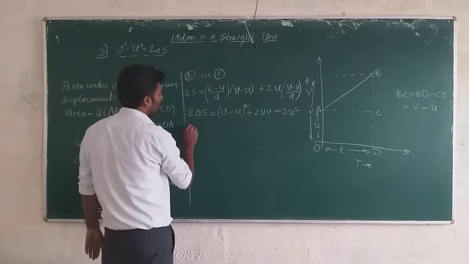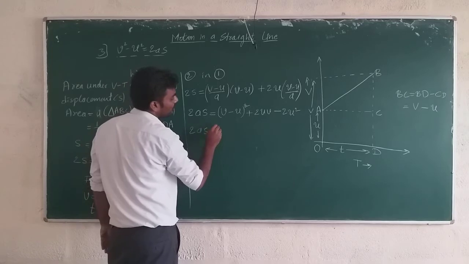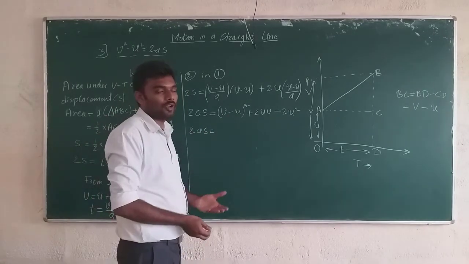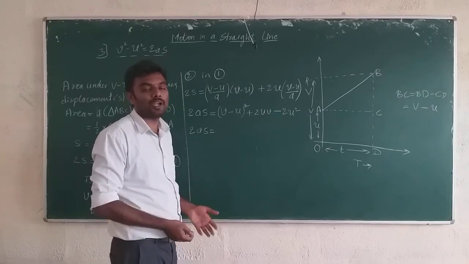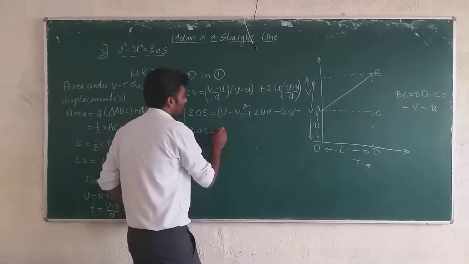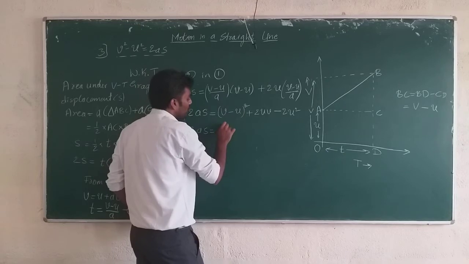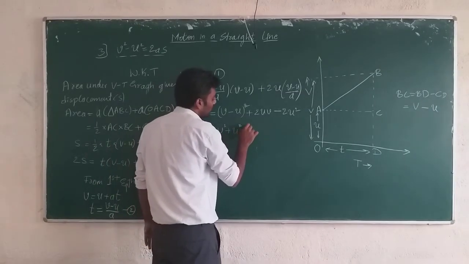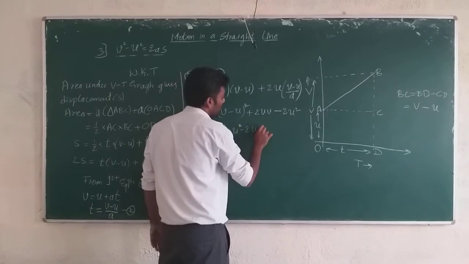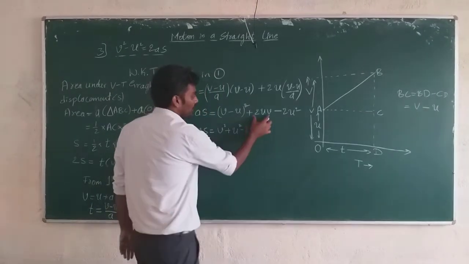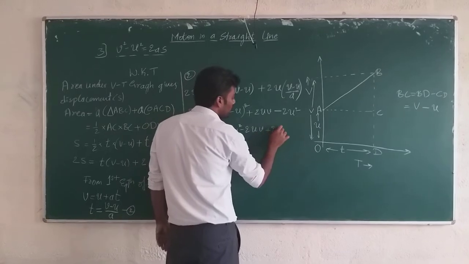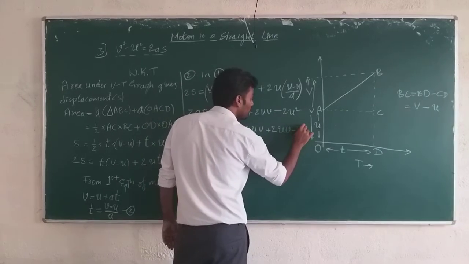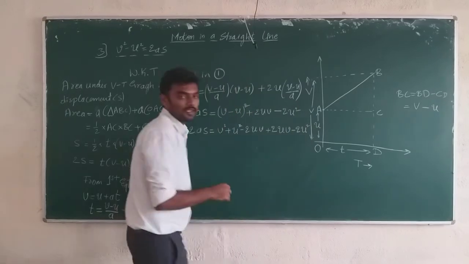Okay, so now 2as is equal to, what is a minus b the whole square? You all know that a squared plus b squared minus 2ab, right? So similarly here it is v squared plus u squared minus 2uv, right? Then what we have is plus 2uv. Again I have minus 2u squared, right?